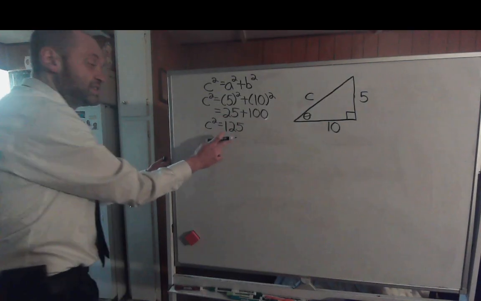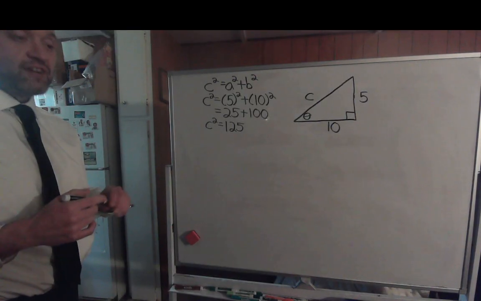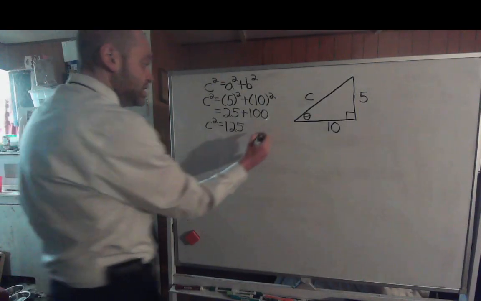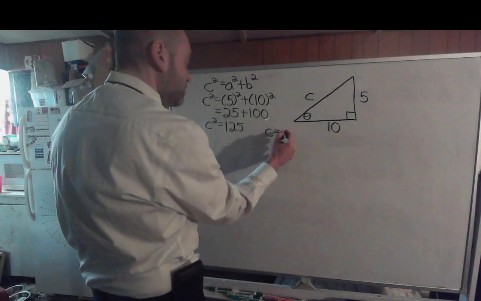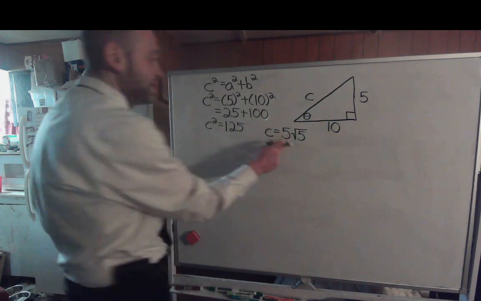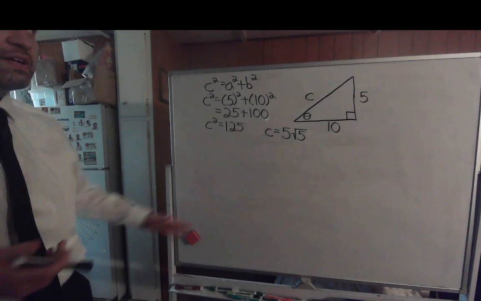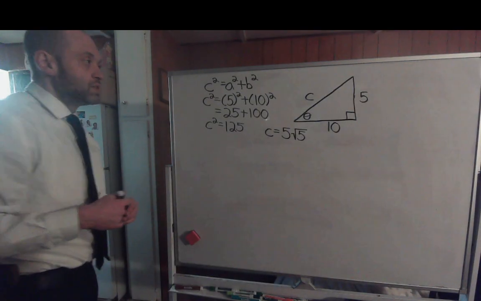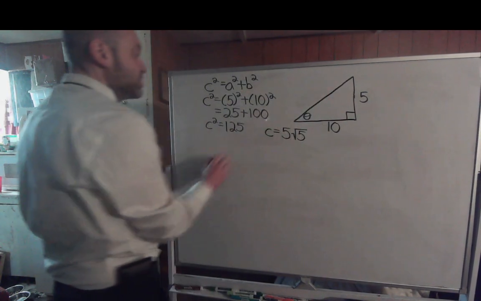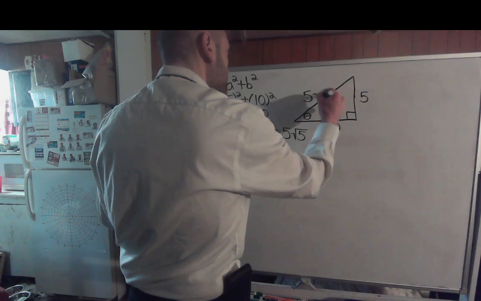So to find C, you'll end up taking the square root of 125, which would break down into the square root of 25 times 5. So that means C would equal 5 times the square root of 5. And since we're evaluating a length, we are only concerned with the positive square root because you can't have a negative length. So now we know that C is 5 times the square root of 5. Let's go ahead and write that up here for the hypotenuse.